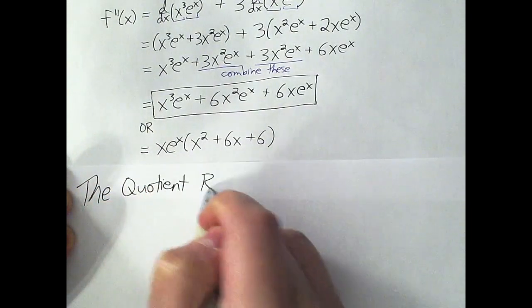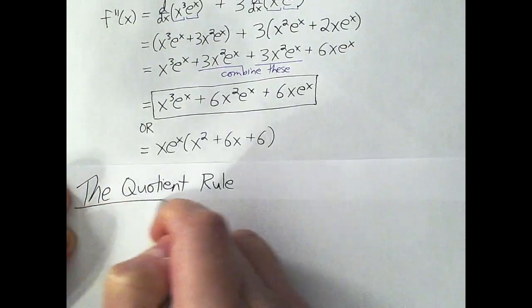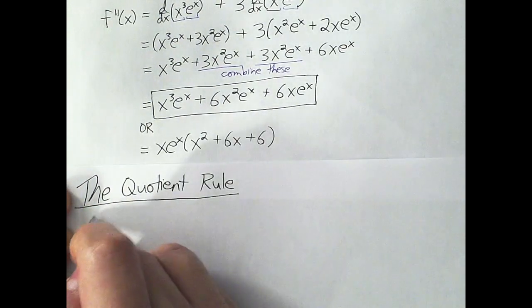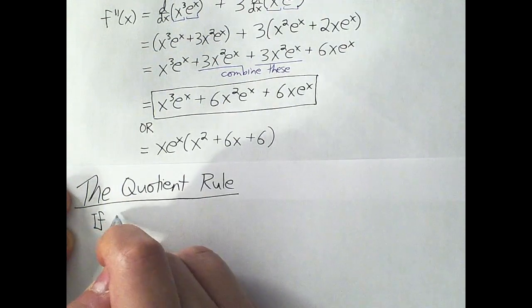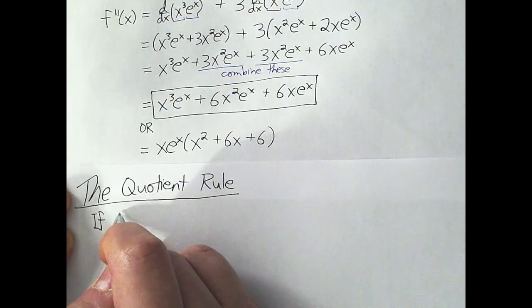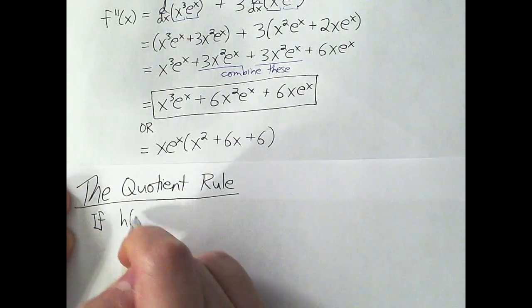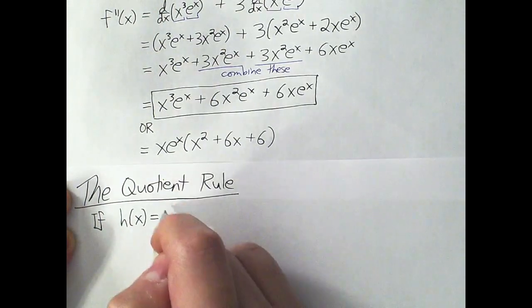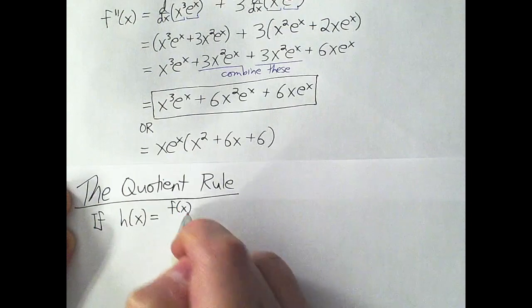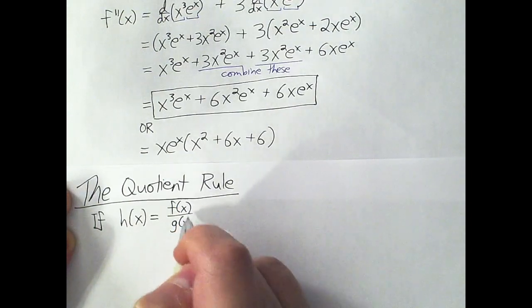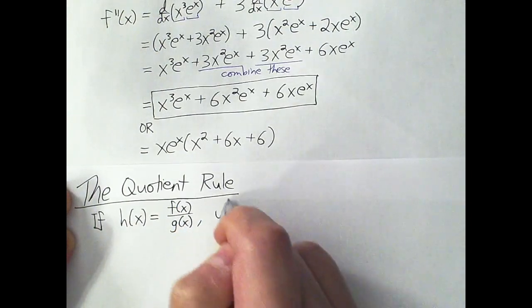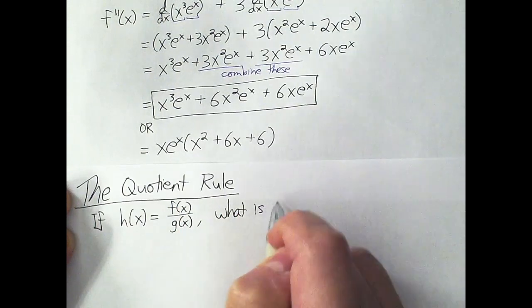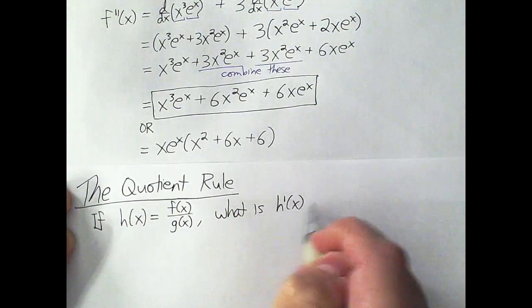Again, this is going to be a formula that we derive, and then we can use it on problems. This time, the question is, if h of x, I used a lowercase h for some reason here. You could do it lowercase or uppercase. Either one is fine. If we have a quotient of two functions, what is the derivative?